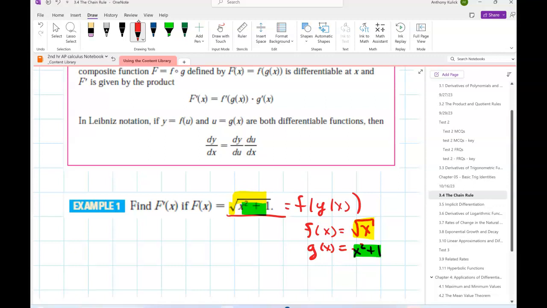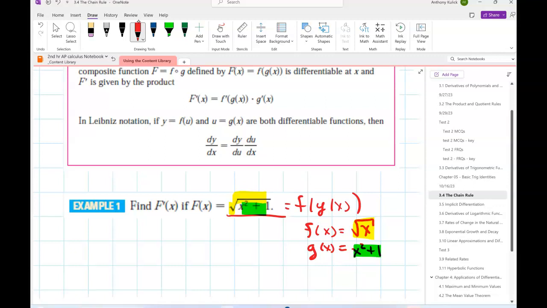I know how to take the derivative of both the square root of x and the x squared plus 1 with the derivative rules I currently own. I don't know how to do the square root of x plus 1 using the derivative rules I currently own. That's why the square root of x needs to be my outer function choice for f, and x squared plus 1 has to be the inner function choice, my g of x.